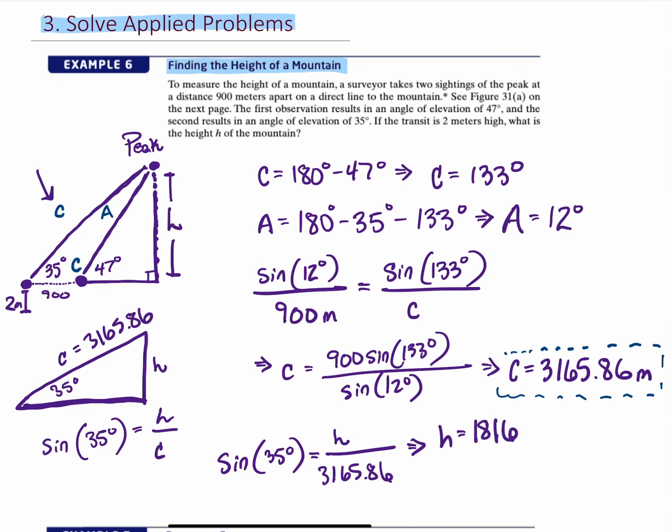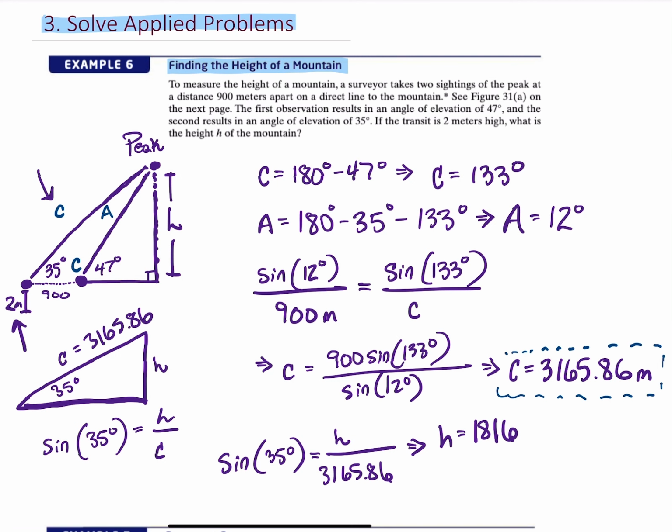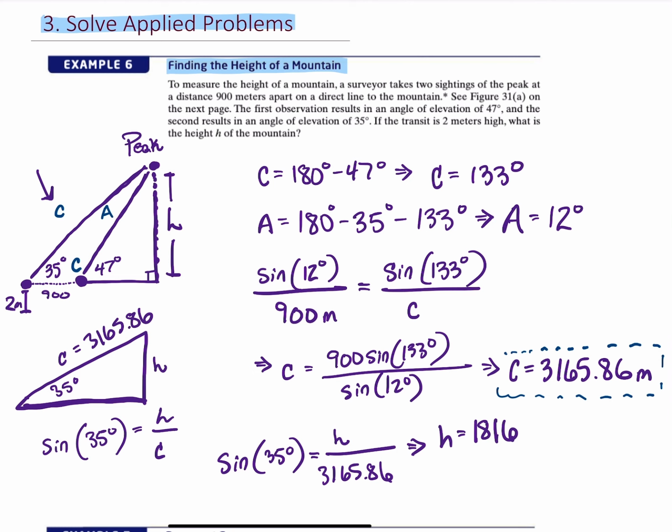But let's keep in mind this 2-meter height here. This reading was taken at eye level. So we would just need to add 2. So we can say the height of the mountain should be 1,818 meters.